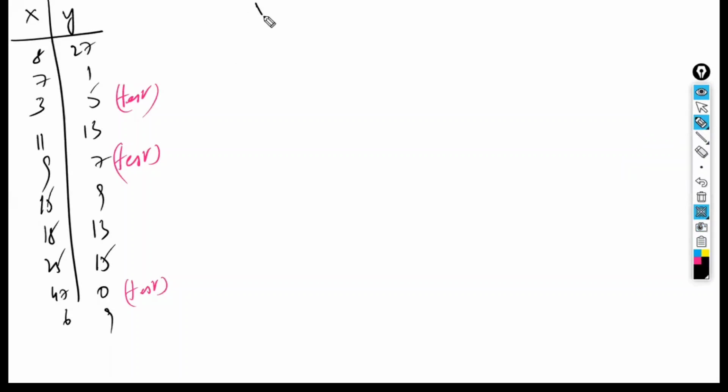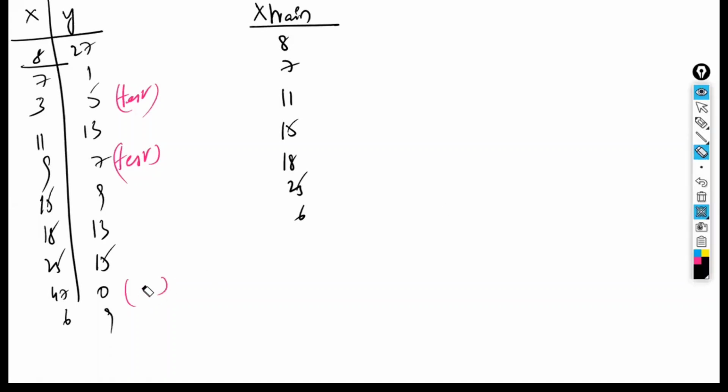Now whatever the remaining values are, those are X train. What are the remaining X train values? 8, 7, 11, 9, 15, 25 and 6. So here I have selected 70% for training and 30% for testing.